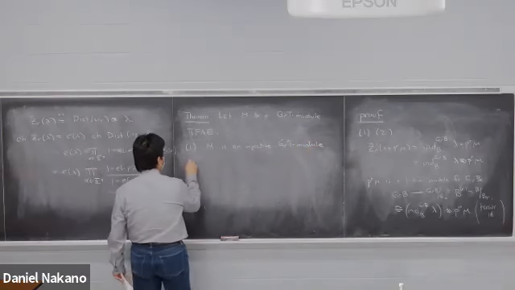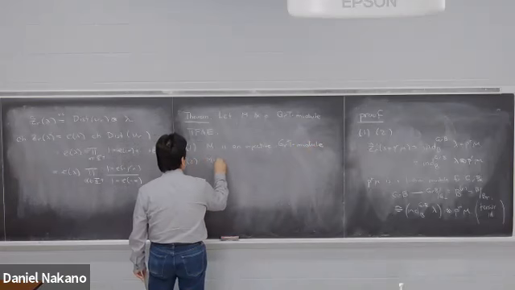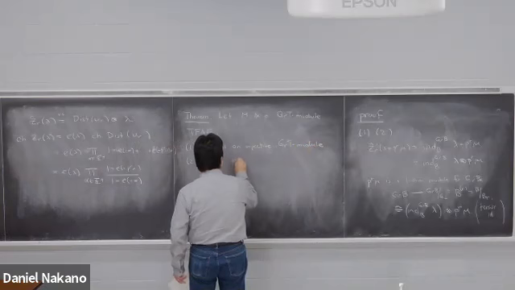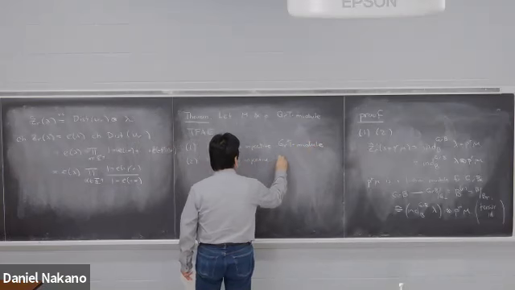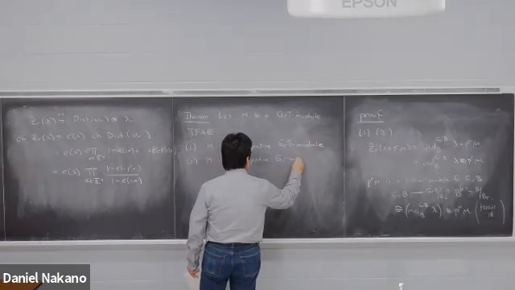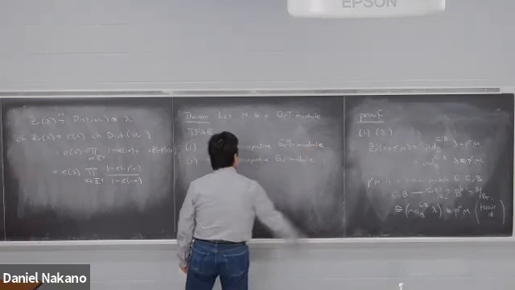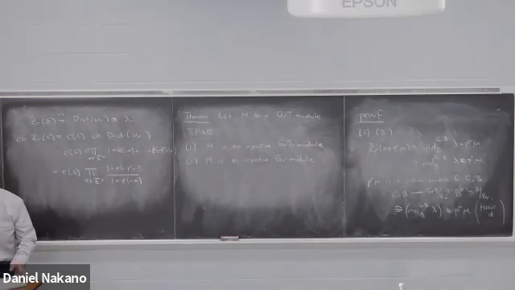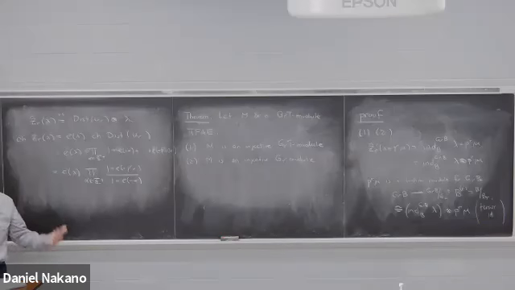And 2, M is an injective G_r module. So if you have a G_rT structure already, then if it's injective over just G_r, it has to be injective over the whole thing.